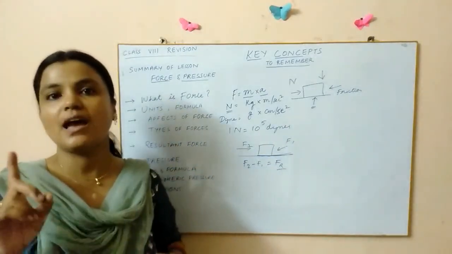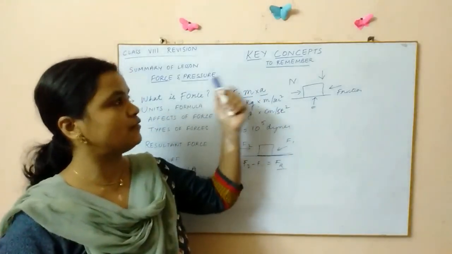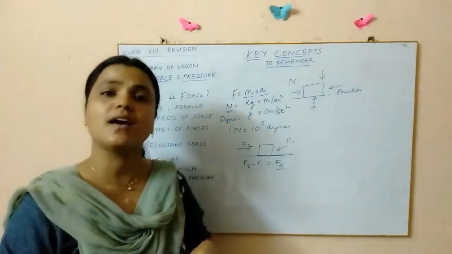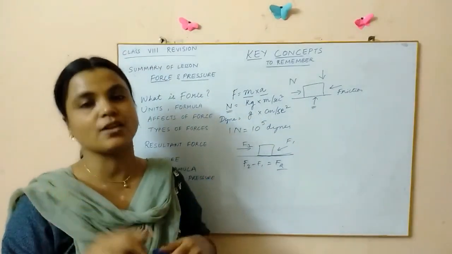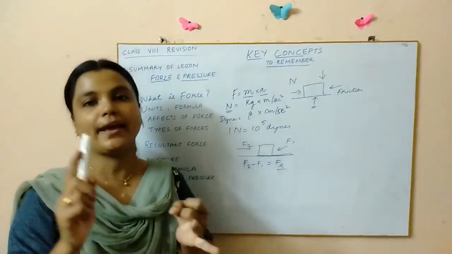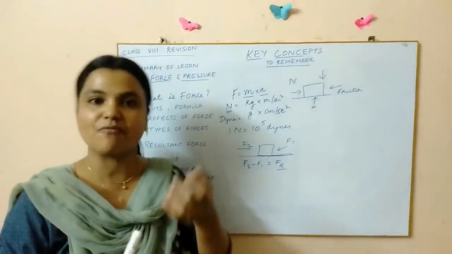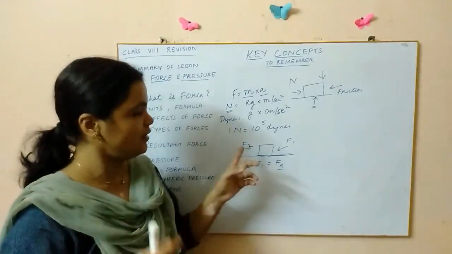Coming to scalar or vector quantity, we have learnt about this in our lesson Force and Pressure. Is force a scalar quantity or a vector quantity? Yes, it is a vector quantity because it has both magnitude and direction. A force has some value and it also has a direction.